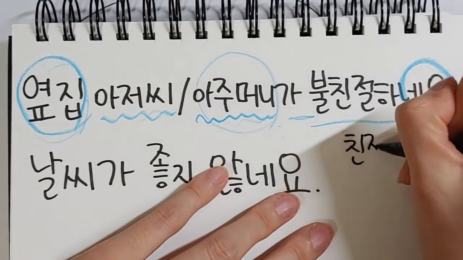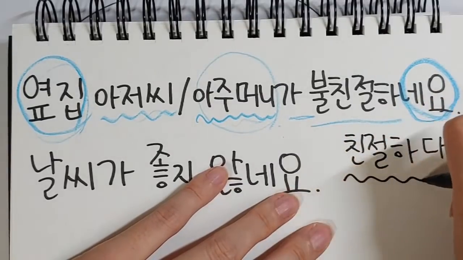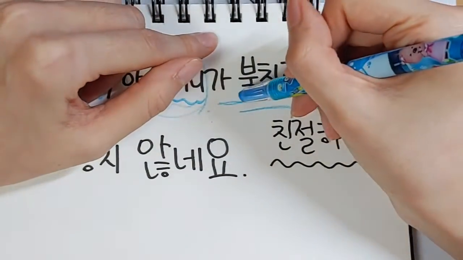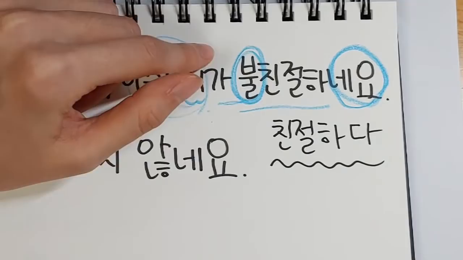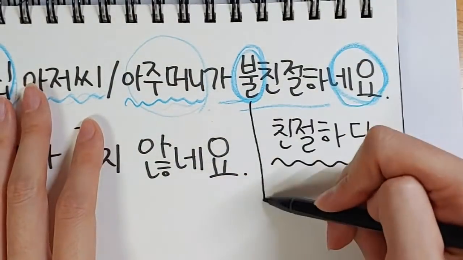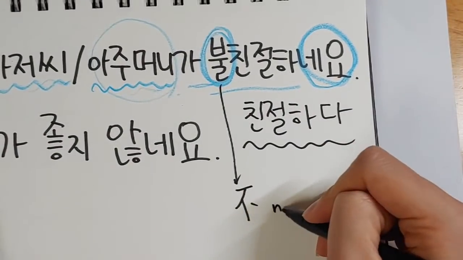So 여러분 친절하다 알아요? Do you guys know 친절하다? We learned this in one of our lessons. It means to be kind. And when you say 불친절하다, it means someone is not kind. So 불 is a Sino-Korean word that comes from this Chinese character, which means not.